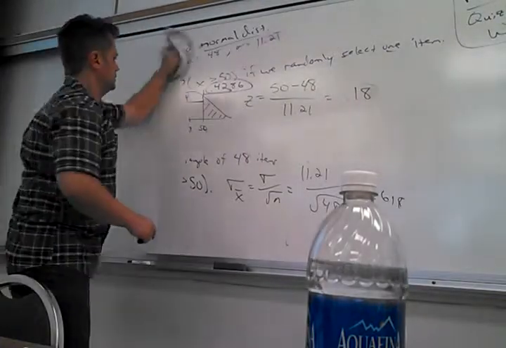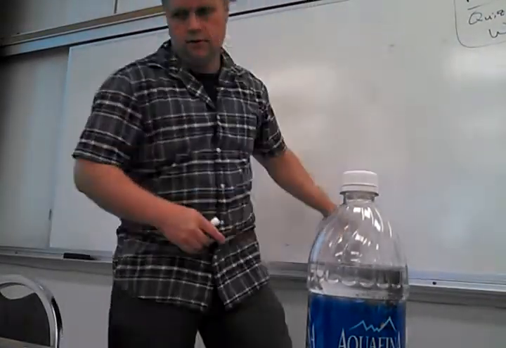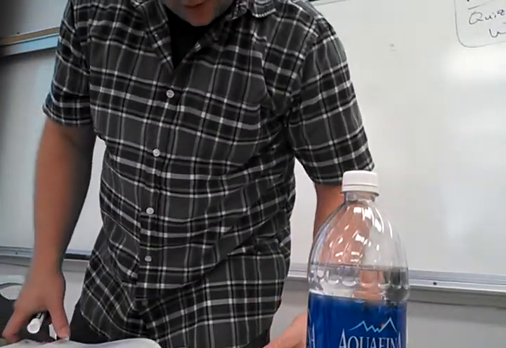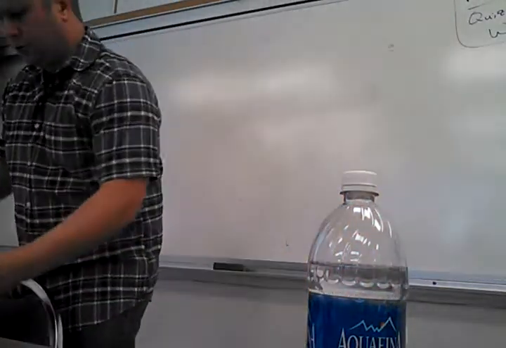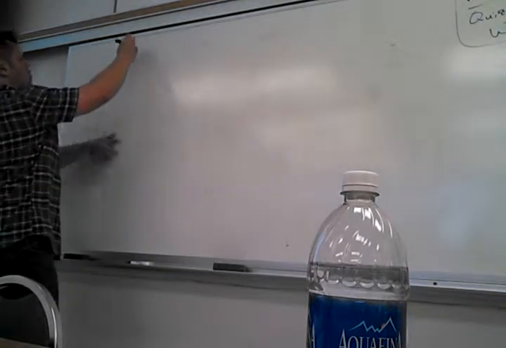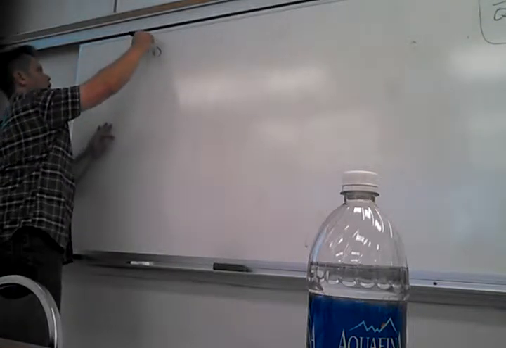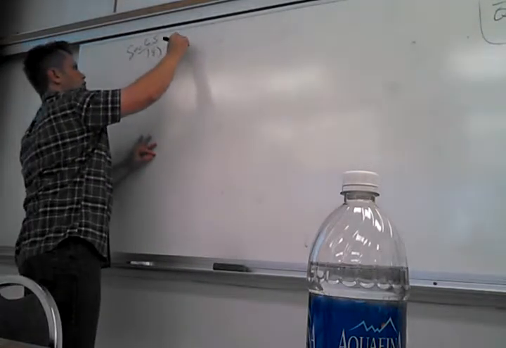Number 18 says, currently quarters have weights that are normally distributed. This is in section 6.5. Quarters have weights.